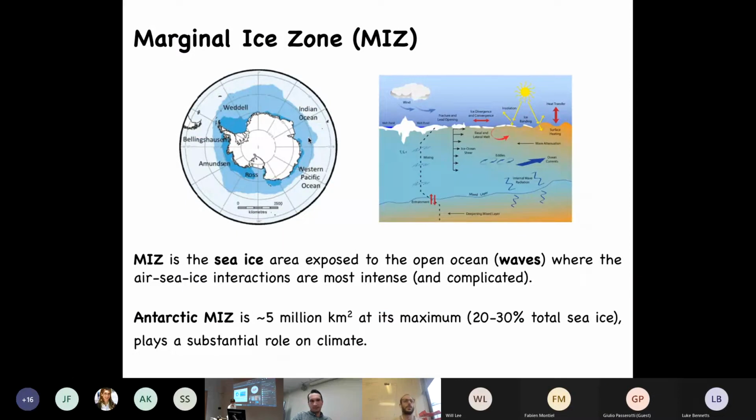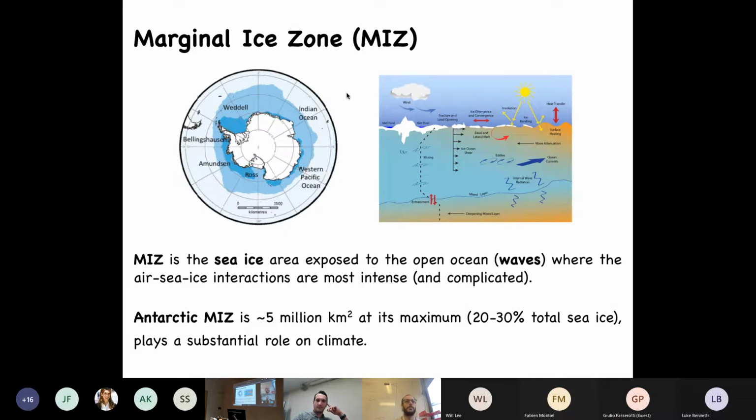Giulio already introduced what the marginal ice zone is, and this is part of the broader sea ice zone, which is a seasonal sea ice area around Antarctica that in winter increases to the light blue shaded area, and in summer it recedes to the dark blue due to the breakup.